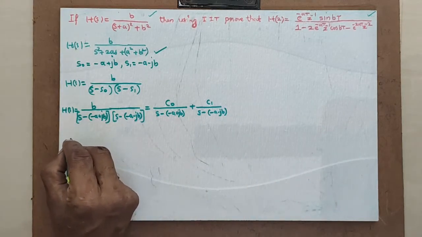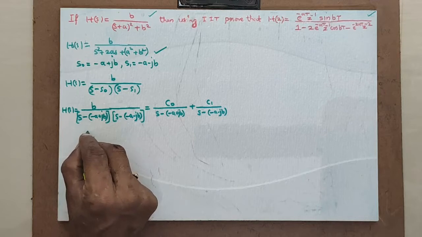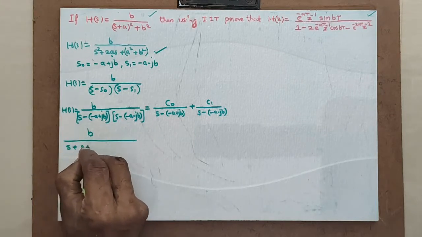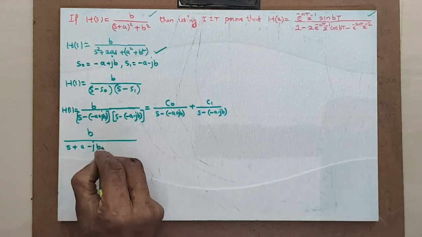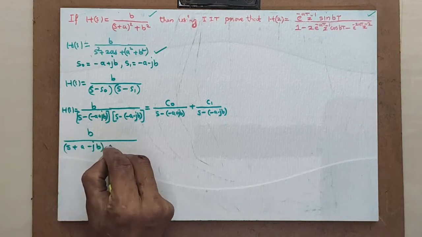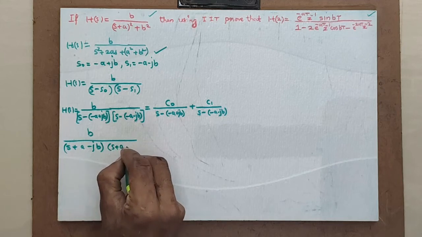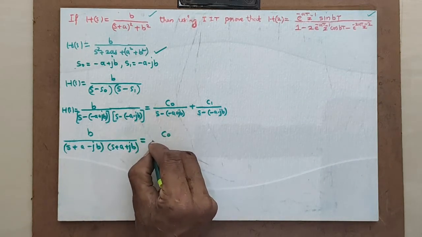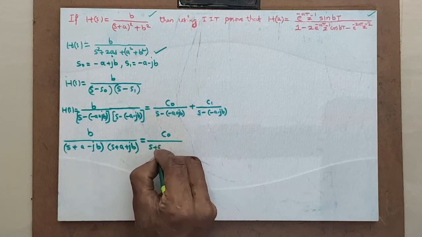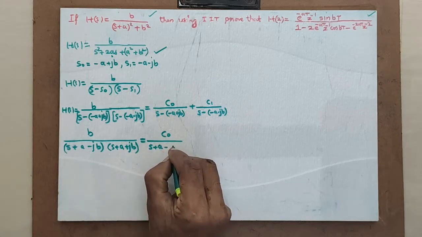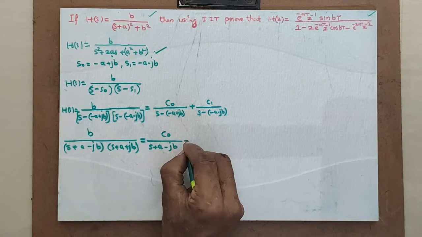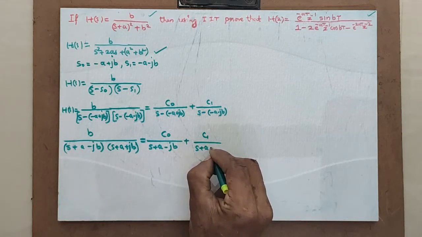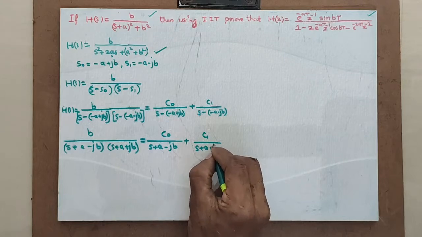Now I shall just keep this. That's equal to b divided by (s plus a minus jb)(s plus a plus jb), isn't it, is equal to c0 divided by (s plus a minus jb) plus c1 divided by (s plus a plus jb).